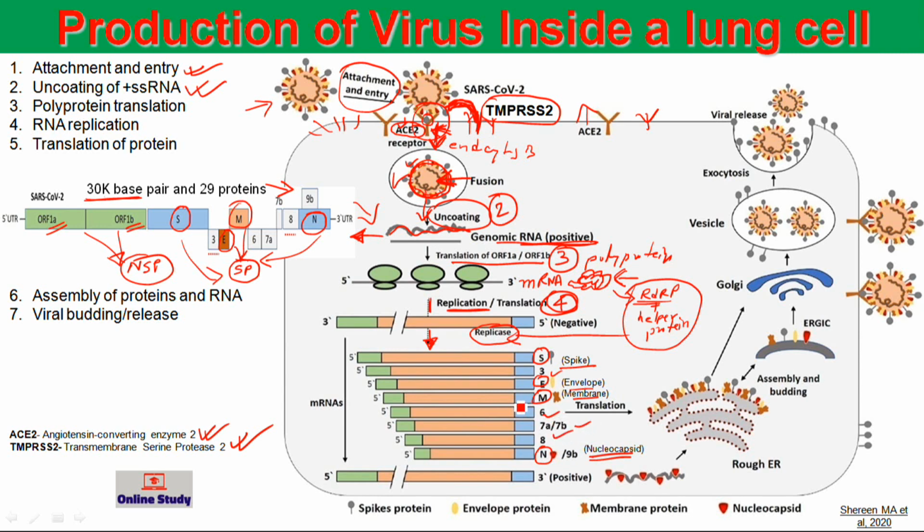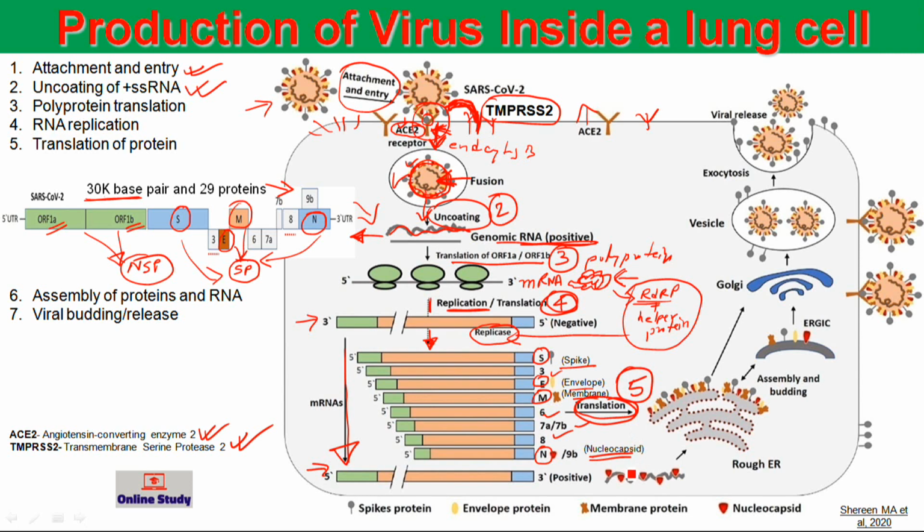And it can also replicate from its 3 prime to 5 prime strand to 5 prime to 3 prime positive sense RNA. So all of these RNAs are then translated to their proteins, which is the fifth step of this virus production.